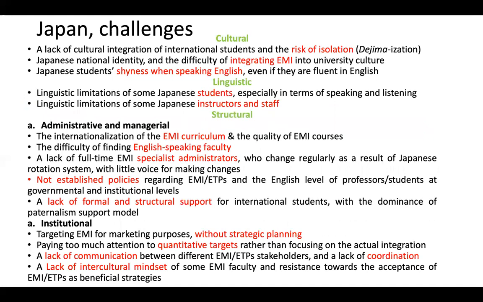And in this slide, I put different categories of the challenges all together so that you can see that the structural challenges are more than linguistic and cultural in the case of Japan.